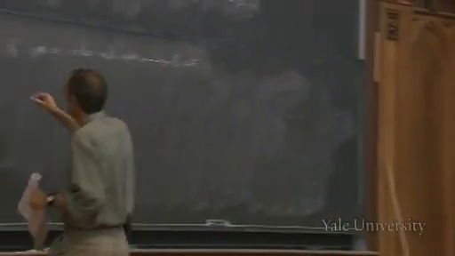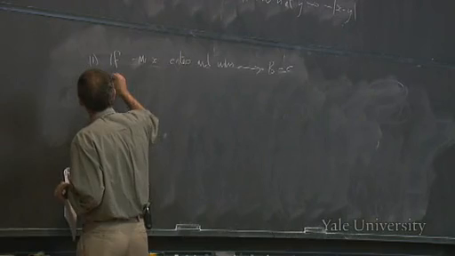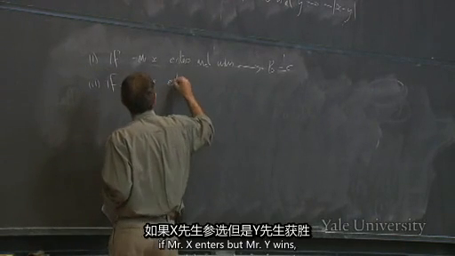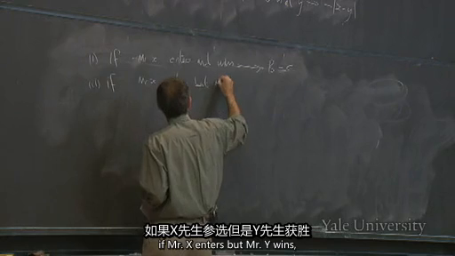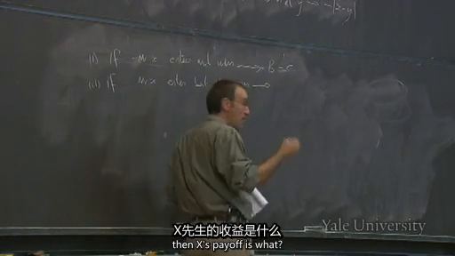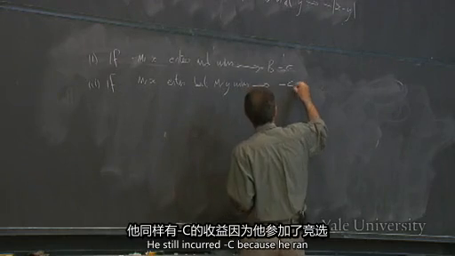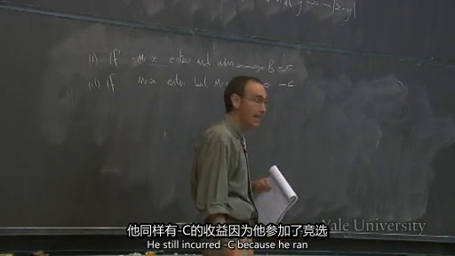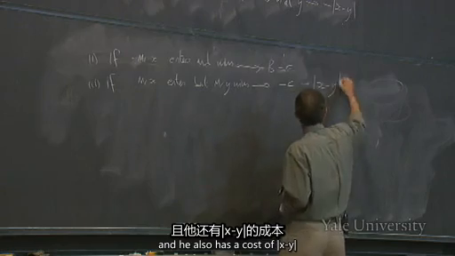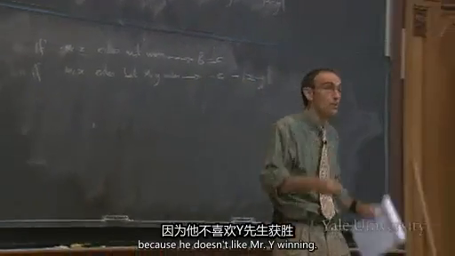Second possibility: if Mr. X enters but Mr. Y wins, then X's payoff is what? He still incurred minus C because he ran, and he also has a cost of minus |x minus y| because he doesn't like Mr. Y winning.